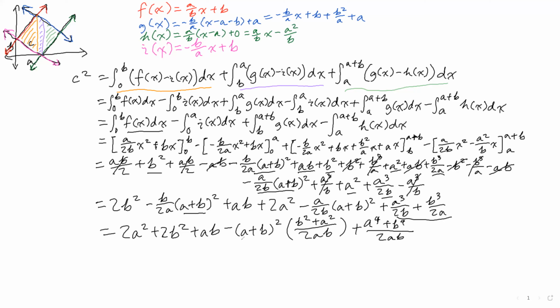And then this a plus b squared is a squared plus 2ab plus b squared.